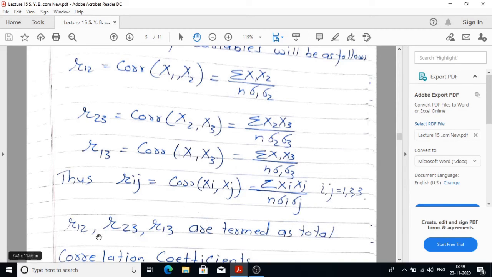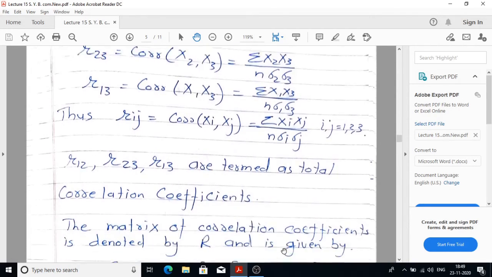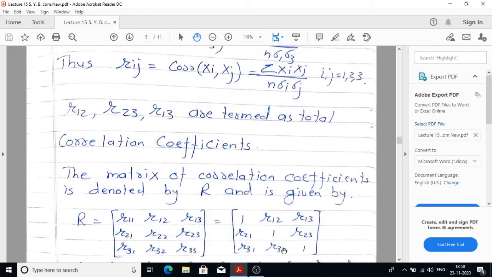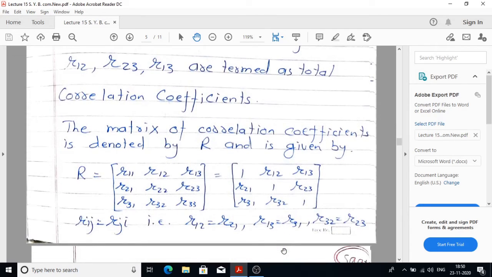Small r12, small r23, small r13 are termed as total correlation coefficients. The matrix of correlation coefficients is denoted by capital R and is given by R11, R12, R13, R21, R22, R23, R31, R32, R33.